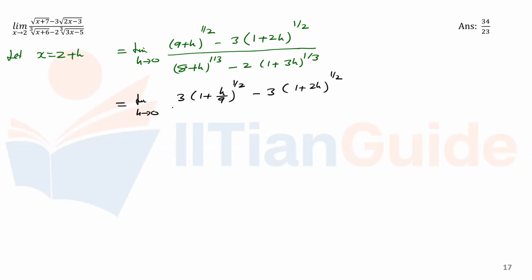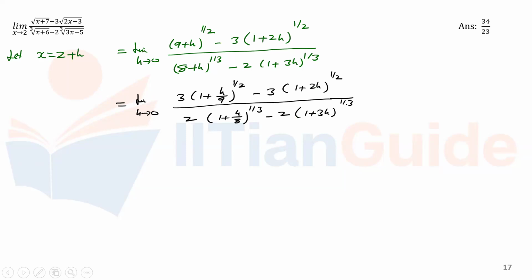I can rationalize also, that can be done, but I'm doing it with the binomial. Taking 8 common, 8 power 1 by 3 becomes 2, (1 plus h by 8) whole power 1 by 3 minus 2 times (1 plus 3h) power 1 by 3.